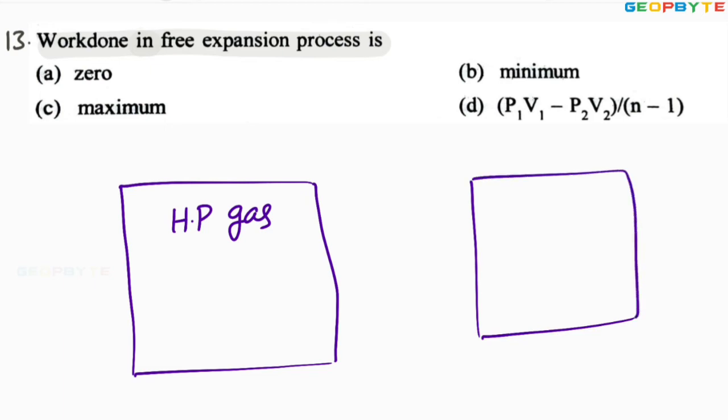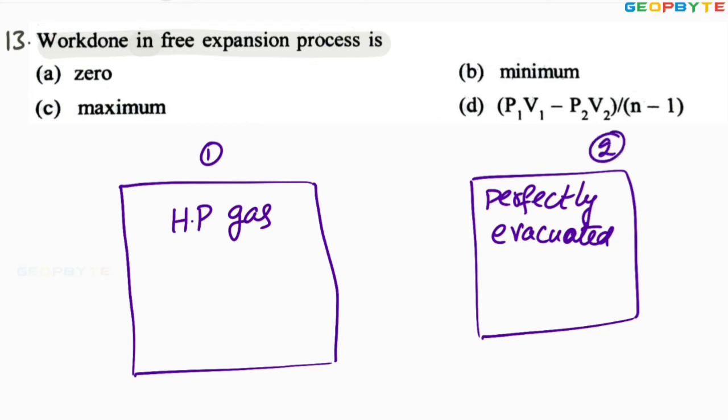That container is perfectly evacuated. It means nothing is there in the tank 2. But in the tank 1, high pressure gas is there.